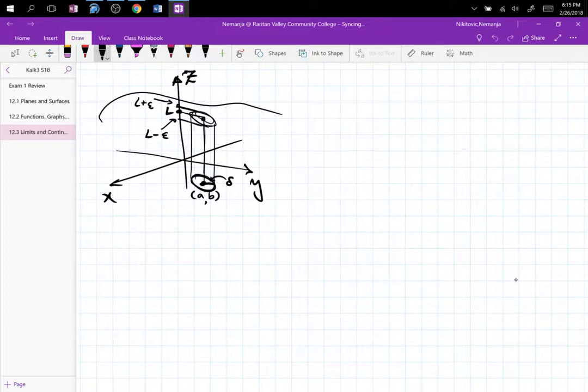This vertical drop here has a different z value at the same xy point. And we know that's not allowed for functions. So it's a jump discontinuity, right? Remember the infinity of approaches.